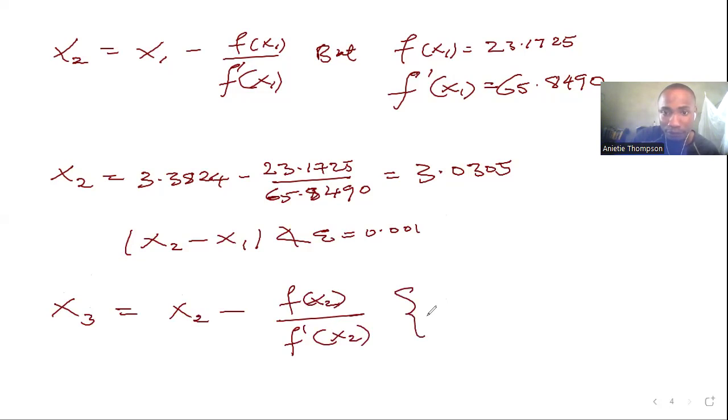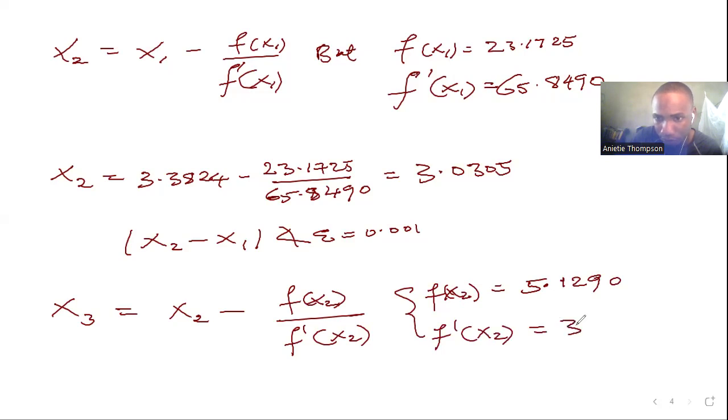All right, for the updated value, note that f of x2, if you substitute that, is equal to 5.1290, and f prime of x2 is equal to 38.0410.